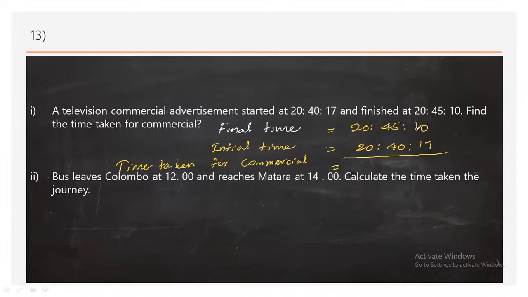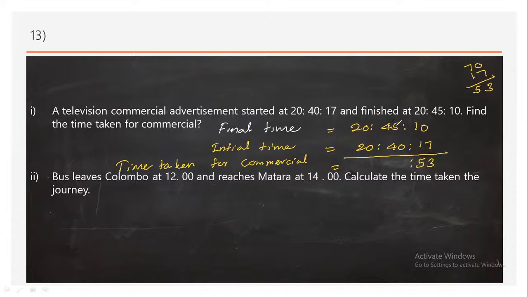Subtract. 10 can't subtract 17. Borrow 1 to this side. This means 60. 60 and this 10, 70. 70 subtract 17 and see. 10 subtract 7, that is 3. 6 subtract 1, 5. 53.